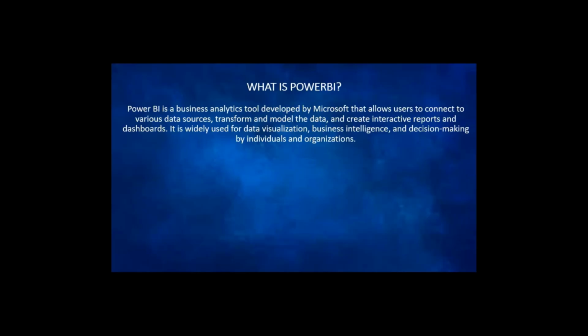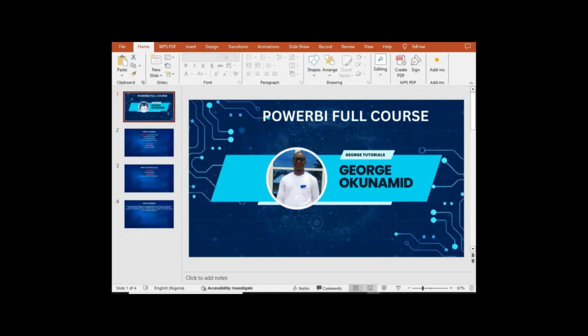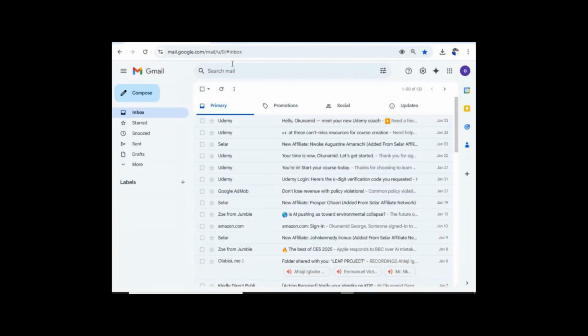So what we are going to do today is look at how to connect our data, get data, model, transform data, and also create visualization. So Power BI is an interactive platform to create interactive reports and dashboards. So with that said, let's go into how to install our Power BI.